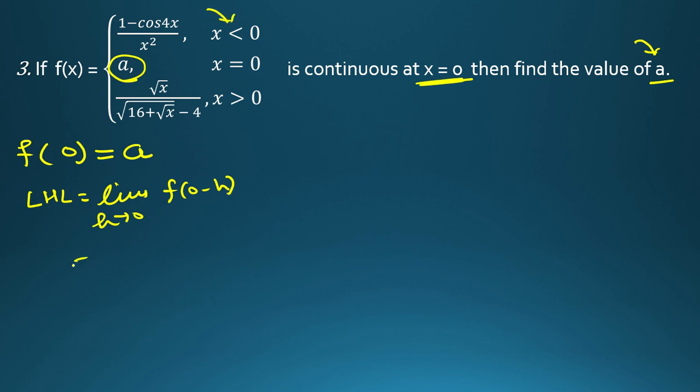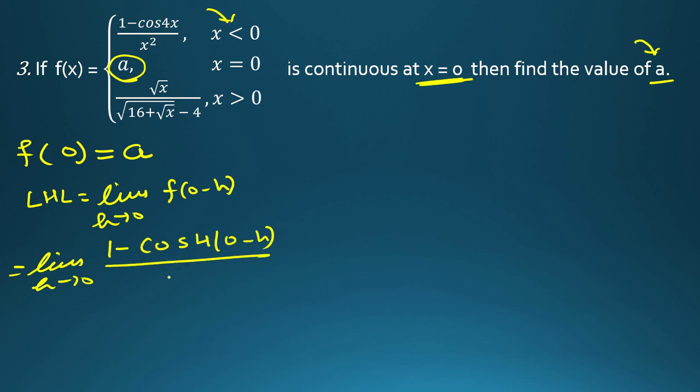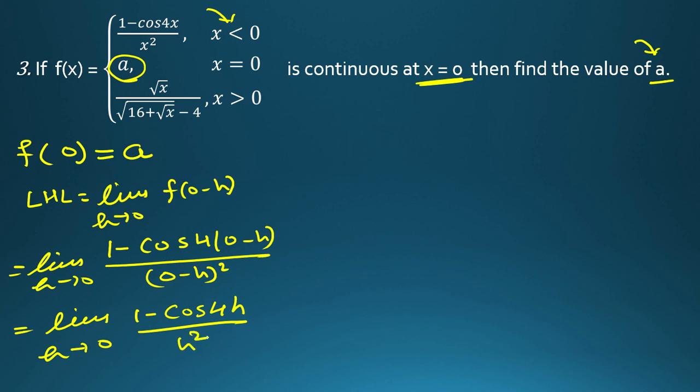Yes. So first condition, and it will be, I am writing a little here, limit h tends to 0 of (1 minus cos 4x), so 1 minus cos 4 times (0 minus h), divided by (0 minus h) whole square. It means it will be limit h tends to 0 of 1 minus cos(minus theta), which will be cos theta, so it will be (1 minus cos 4h) divided by h square.